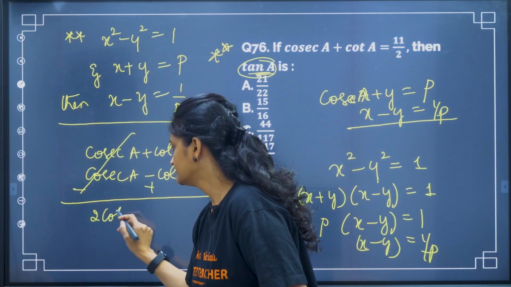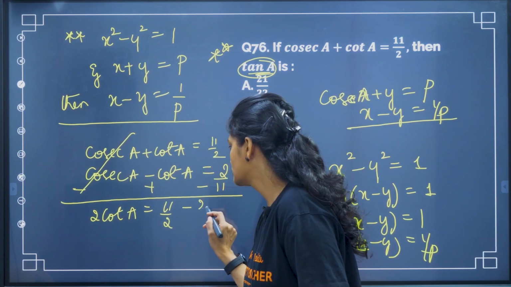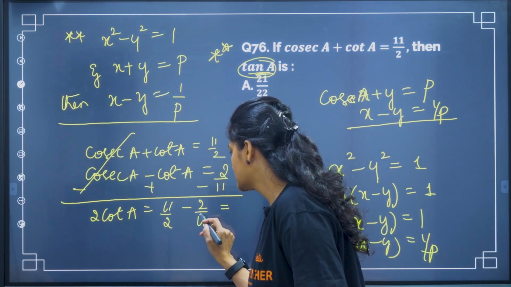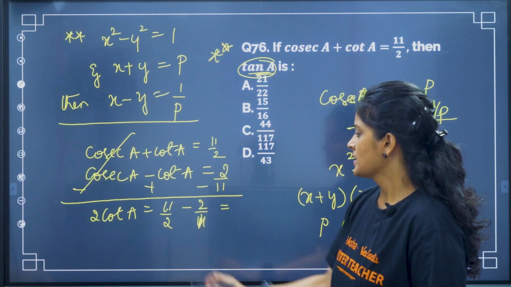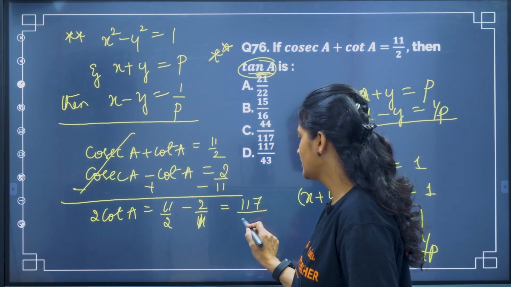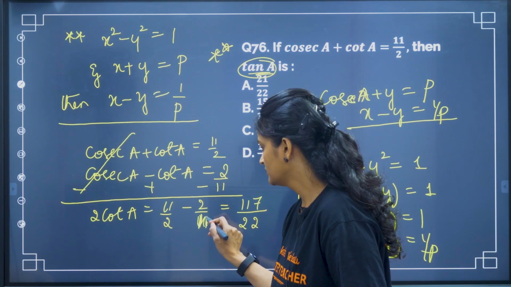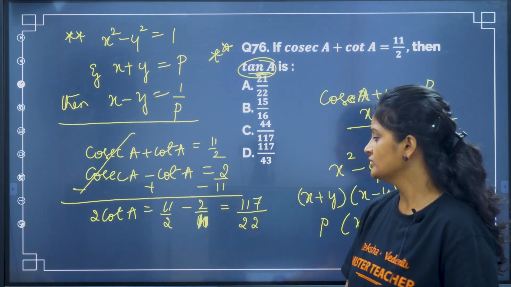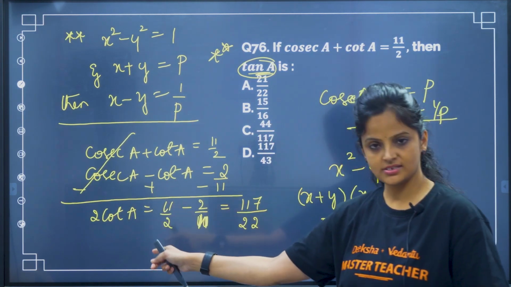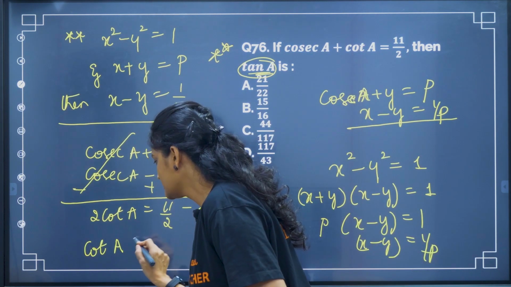2 cot a is equal to 11 by 2 - 2 by 11. How much is this? 121 - 4, 117 divided by 22. This is 11 by the way. Now this is the value for 2 cot a.